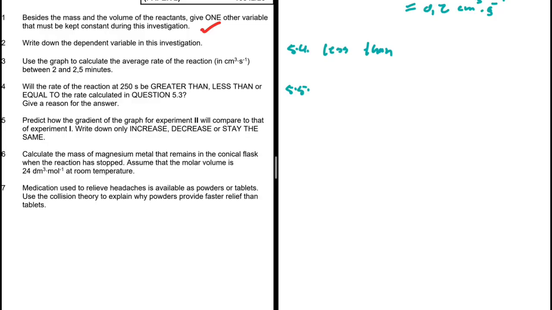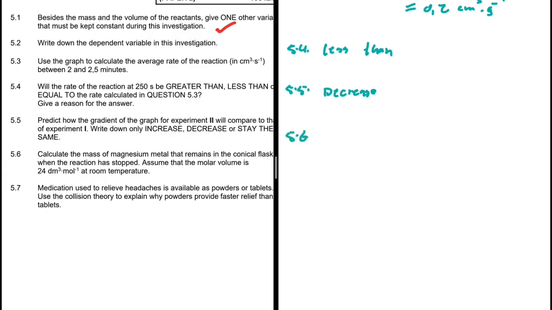But what is the question saying? The gradient for the graph for experiment 2 will decrease, because the rate of reaction will also decrease. And yes, the rate of reaction depends on the gradient. If the gradient is very steep, then the rate of reaction is very high. Okay, that is 5.5.